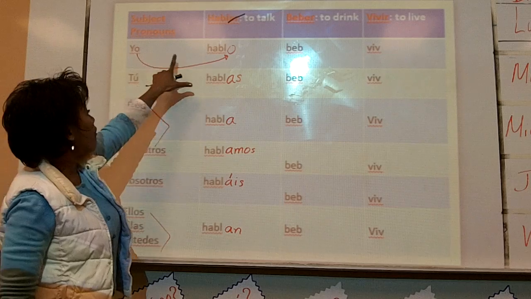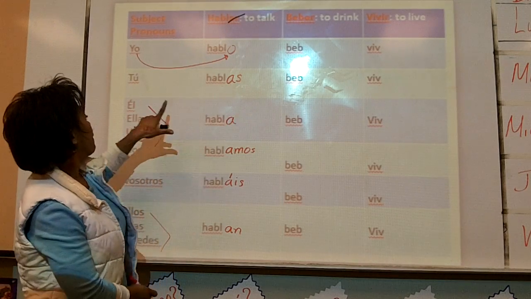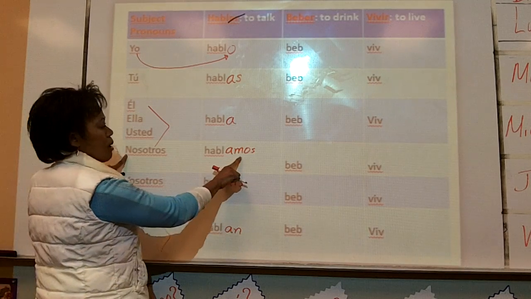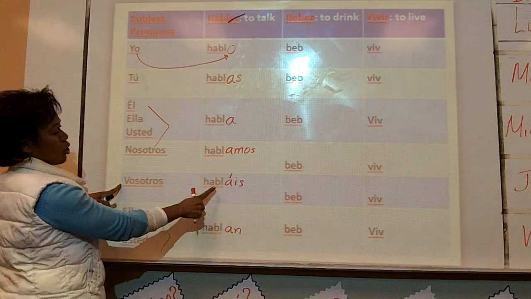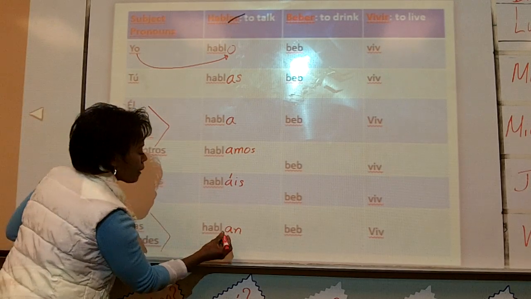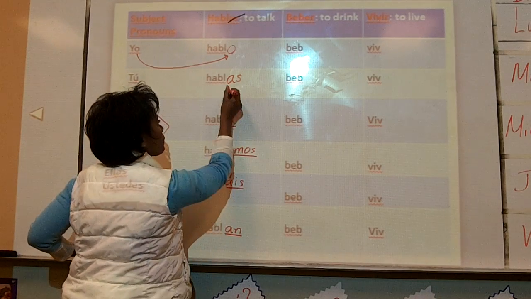Now I have yo hablo, tú hablas, él, ella, usted habla, nosotros hablamos, vosotros habláis, and ellos, ellas, ustedes hablan. What does that mean in English? Let me translate it for you.